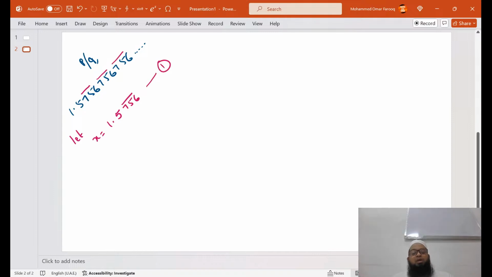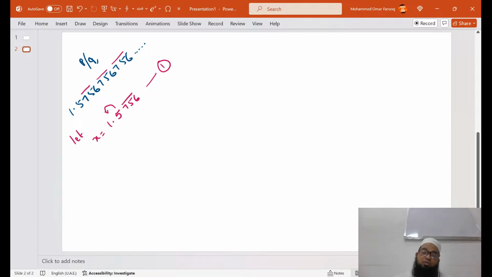So whenever we have this kind of rational number, what we do, we take out the decimal part which is not repeating to the whole part. So how many decimals we have to bring to the whole part? 1.